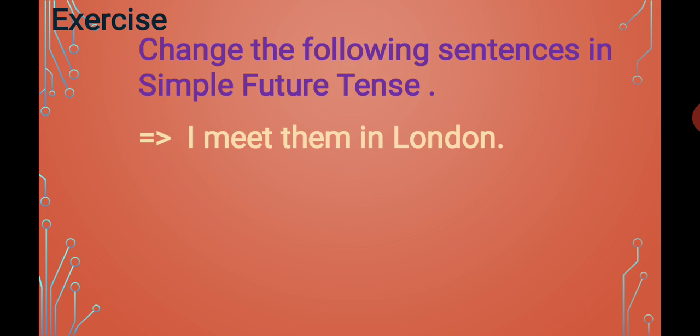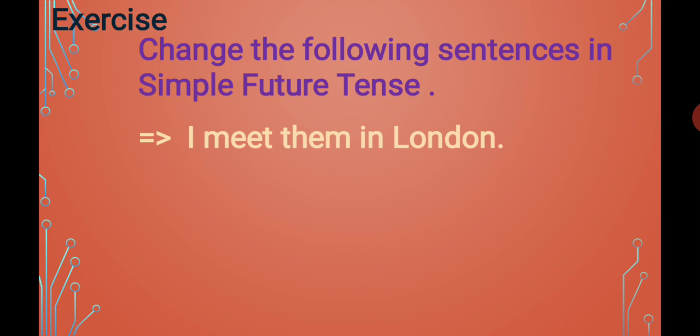The sentence is in simple present tense, and now we want to make it simple future tense. First of all, to identify the tense, what will we do? Yes, pick out the verb. What is the verb? Meet. What is the sentence formation of future tense?